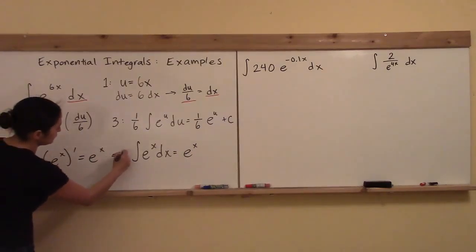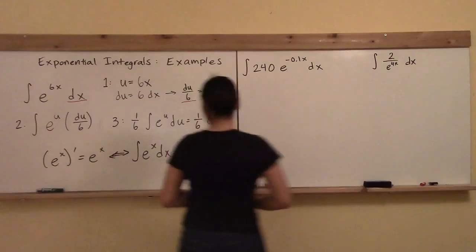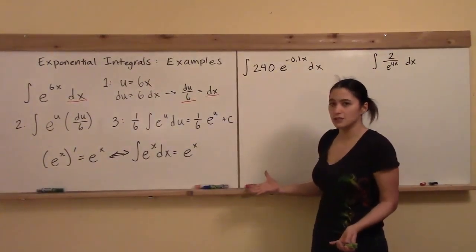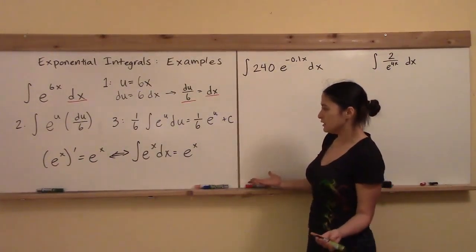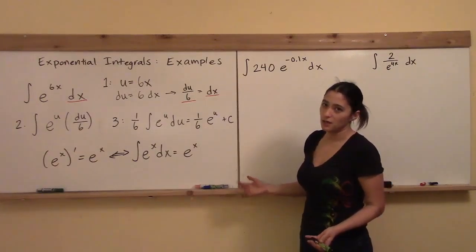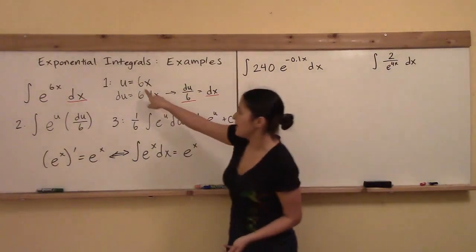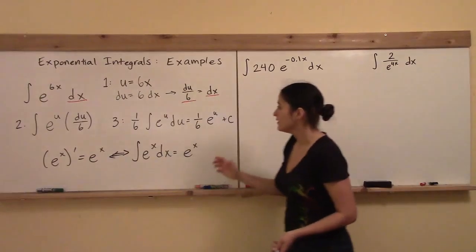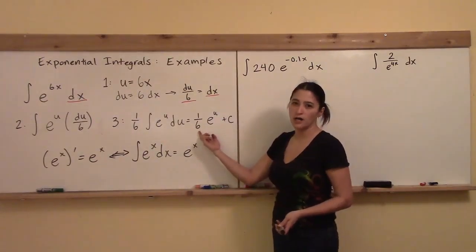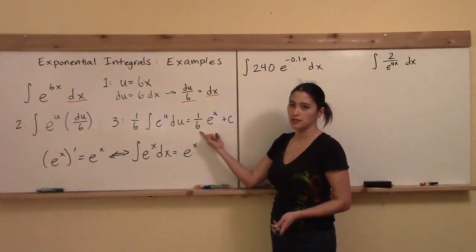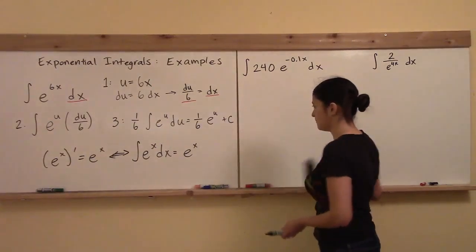So these two things are very much related. Taking the derivative didn't change the e to the x. Taking the integral didn't change the e to the x. But remember, when you have e to the ax, like with the 6 there for the a, that's going to come out in the wash, represented by the 1 over a term right in front.